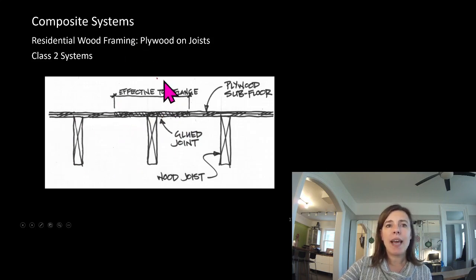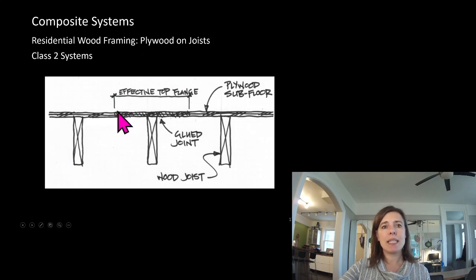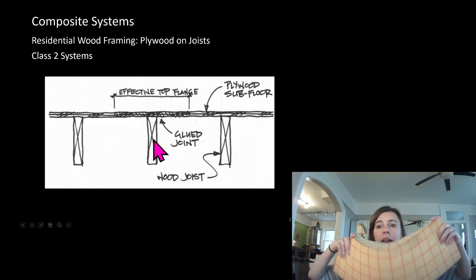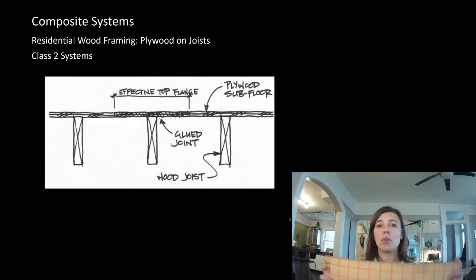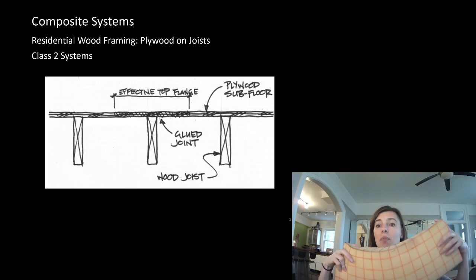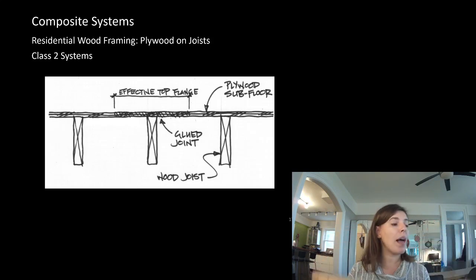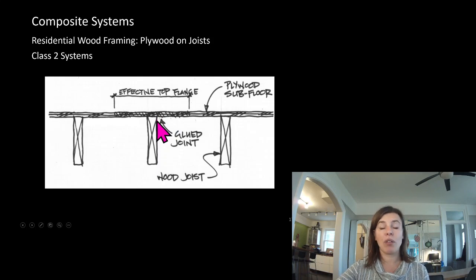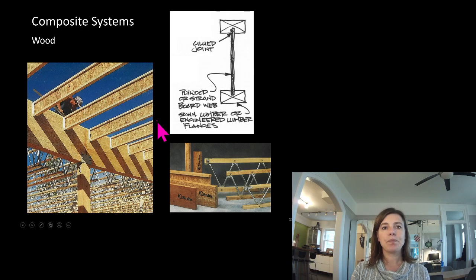Well, really what we're saying is we've got a little bit of a composite system. This plywood is acting like a top flange on this joist. So as the joist tries to bend, it's bracing it, so it's increasing its capacity, but it's also trying to bend the plywood. And if it's nailed together and glued properly, you can't have those two things pop up relative to each other, and you've got a composite system.